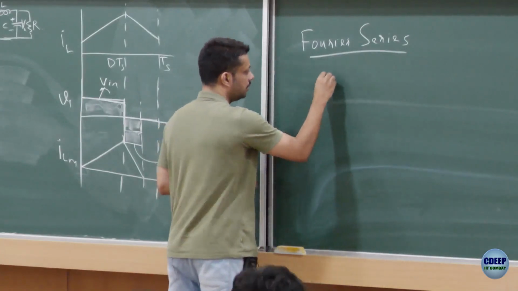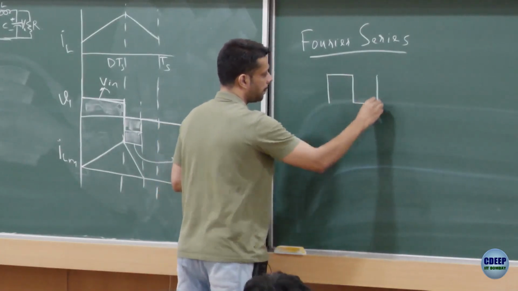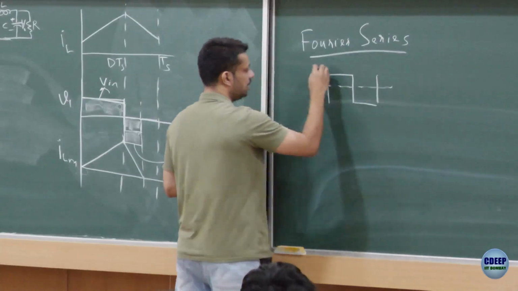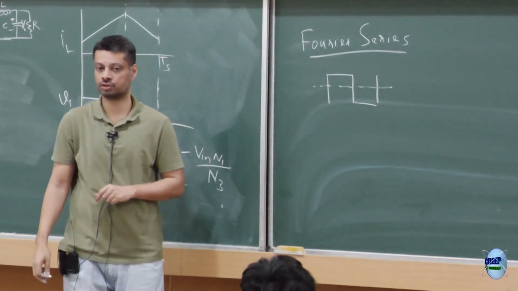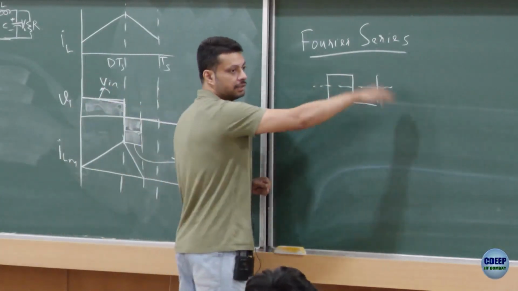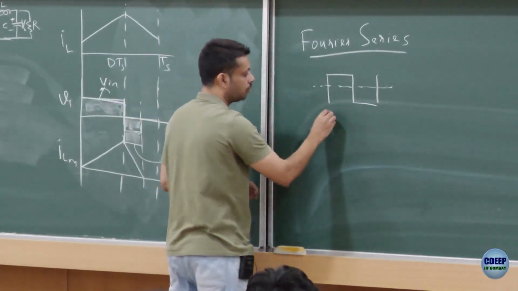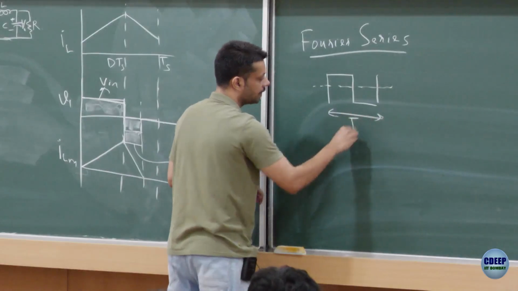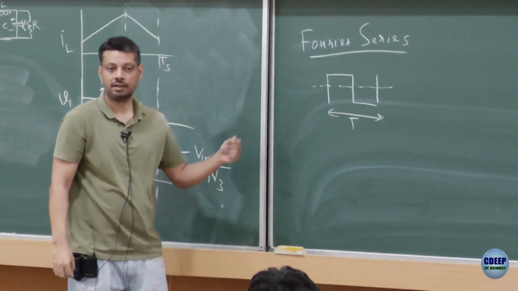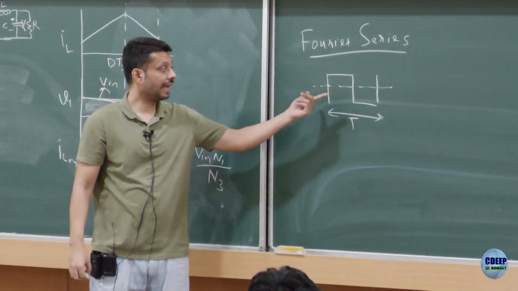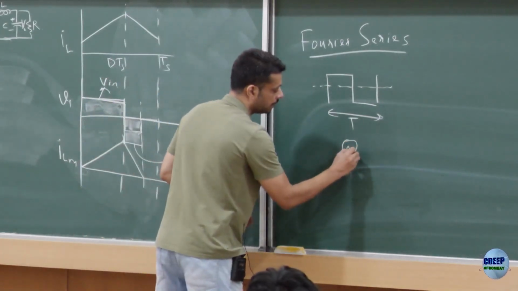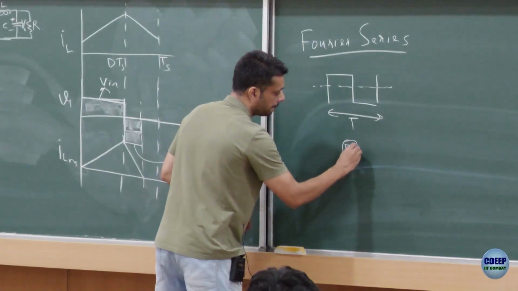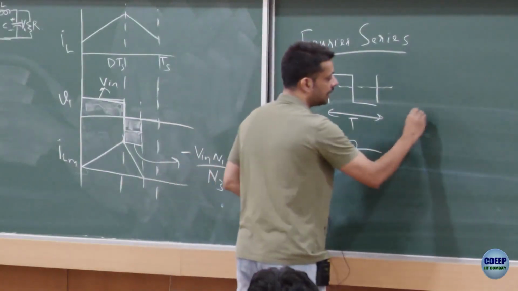If you have a source like a square wave AC source, that means it's a repeating square wave AC source. It's periodic over a period of capital T, right?